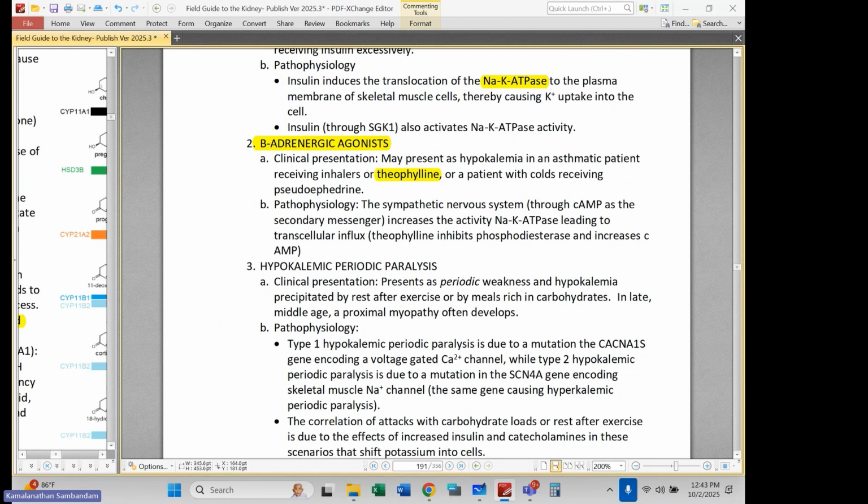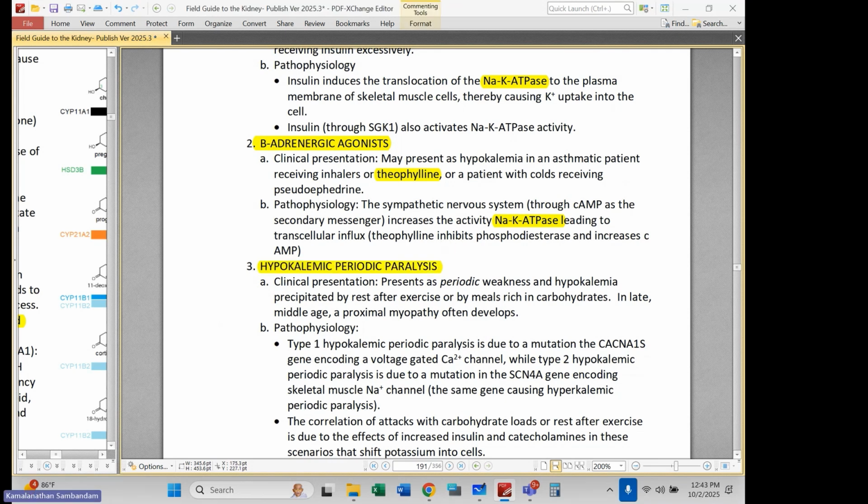You remember, I hope, that downstream of the beta receptor is cyclic AMP. And so presumably these are working through the pathways downstream of the beta receptor through increases in intracellular cyclic AMP activity, ultimately resulting in increased sodium potassium ATPase activity. Okay.